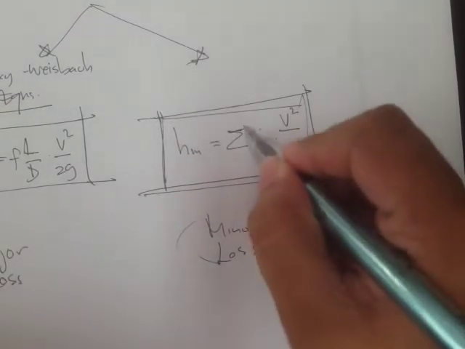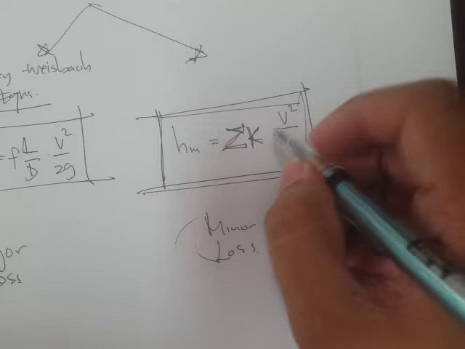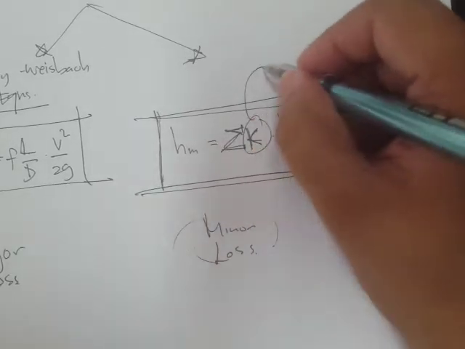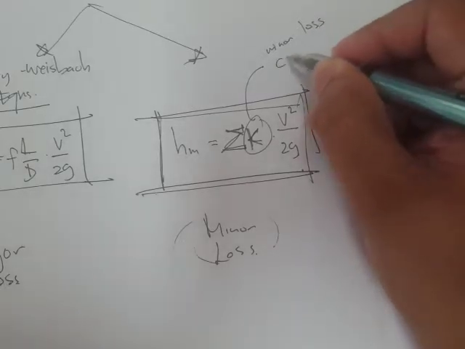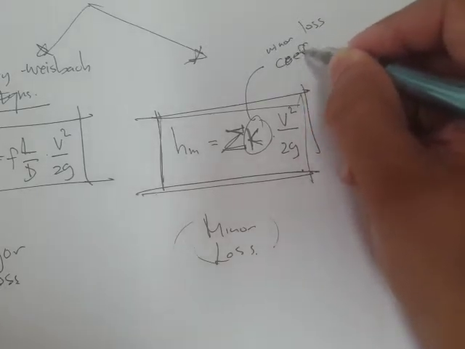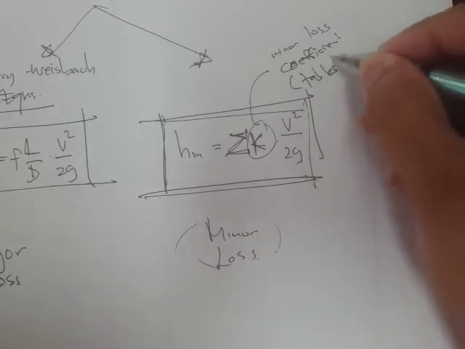In this equation, we have the summation of K times the velocity head, where K is called the minor loss coefficient, or some coefficients that can be found in the tables.